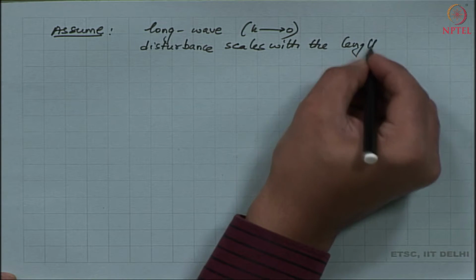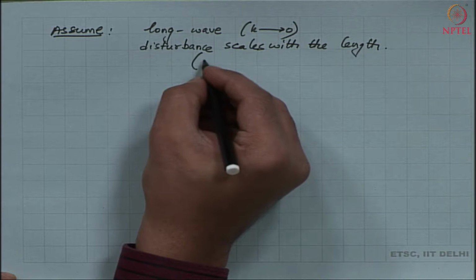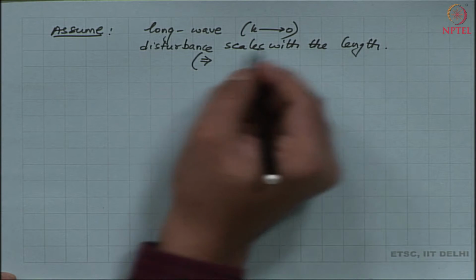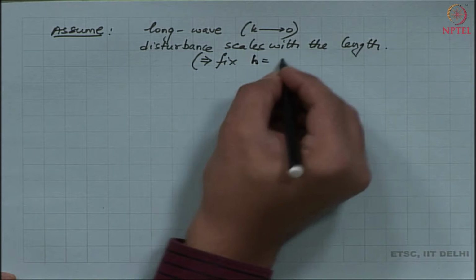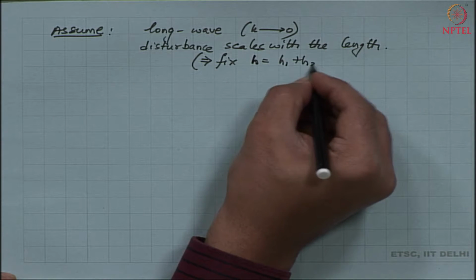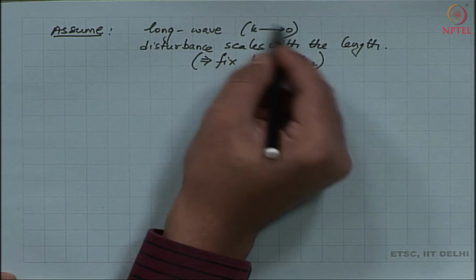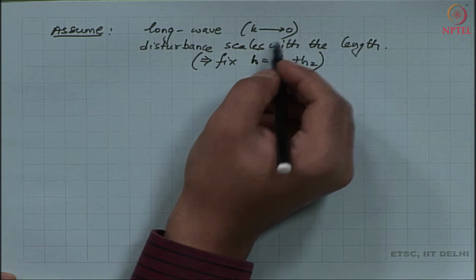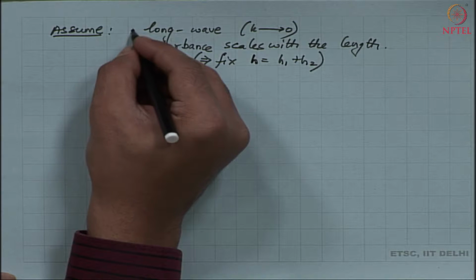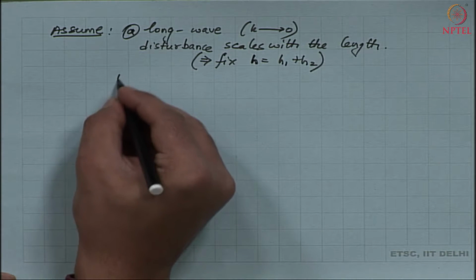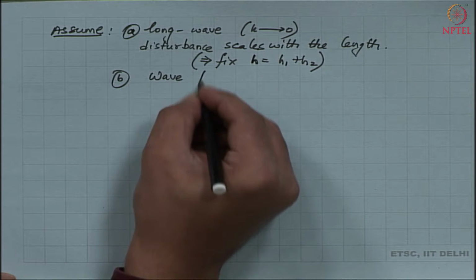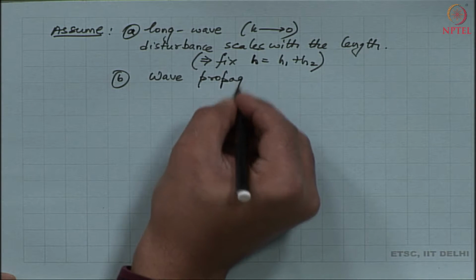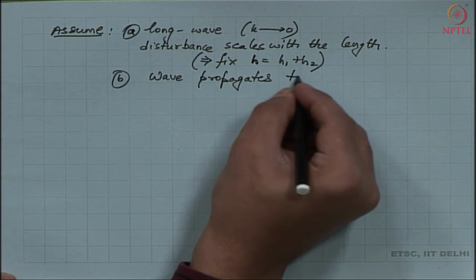Okay. So what this particular assumption means is that I fix my height given by h1 plus h2 and take this limit k going to 0. That is my first assumption. Further, I assume that my wave propagates to the right.